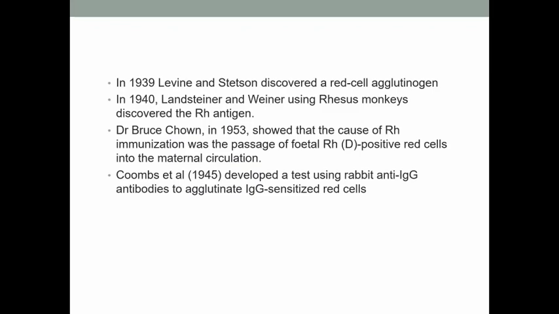And in 1945, the Coombs test was discovered, where you can check the agglutination of Rh antibodies, right? We do a test called indirect Coombs in the circulation, and if that is positive, we say that the mother is sensitized, right?